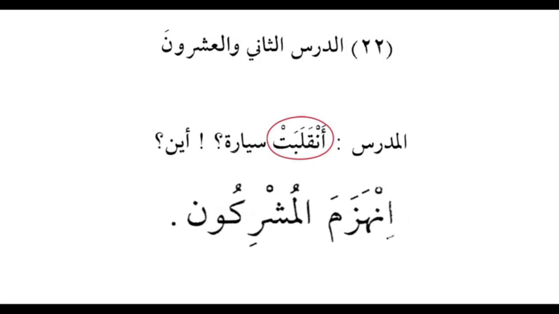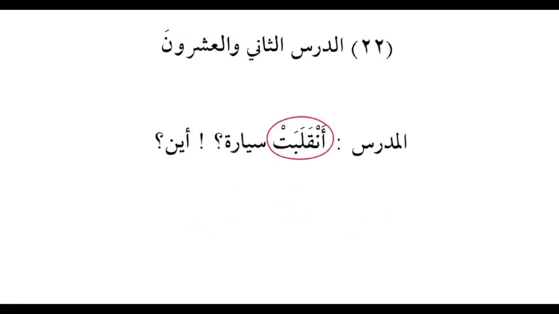Inhazamal mushrikuna. The mushrikun were defeated. If you say, were the mushrikun defeated? Say an-hazamal mushrikuna. Aslama abuka. How would you do this? We won't say aslama because it's form 4. It's a trick here.